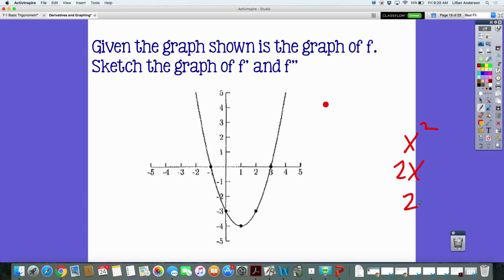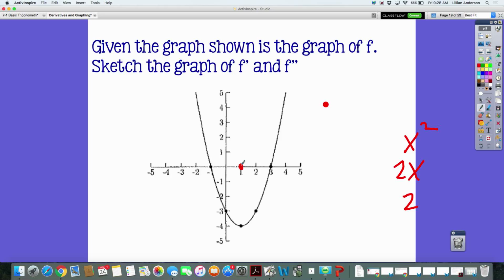So that means on our derivative, we should be going from negative to positive. In order to go from negative to positive, we have to be crossing over the x-axis, are we not? Wherever there's an extrema, that is where we have an x-intercept.